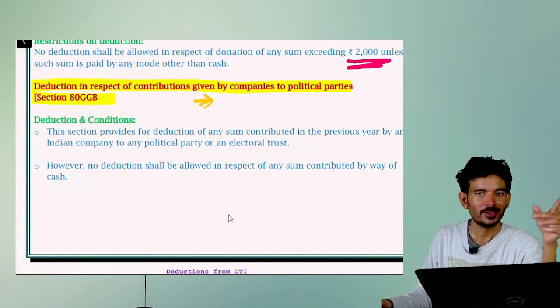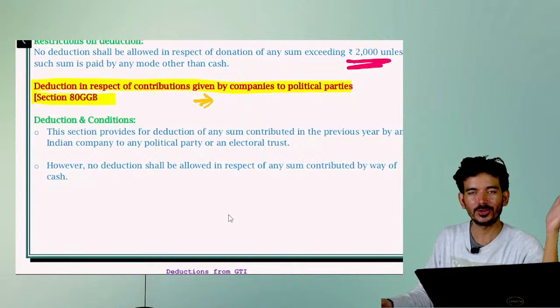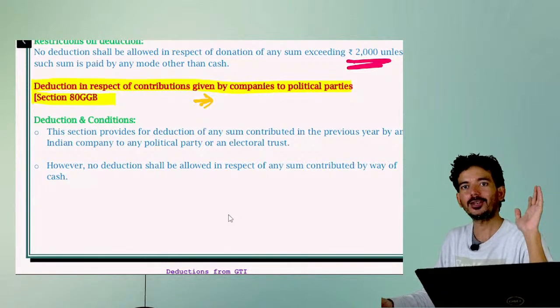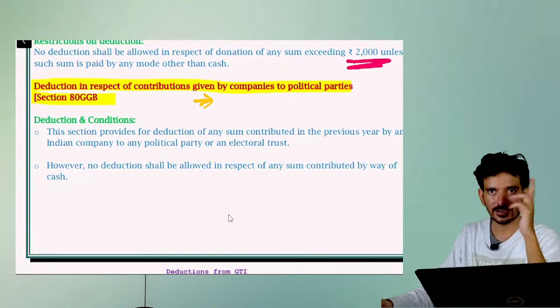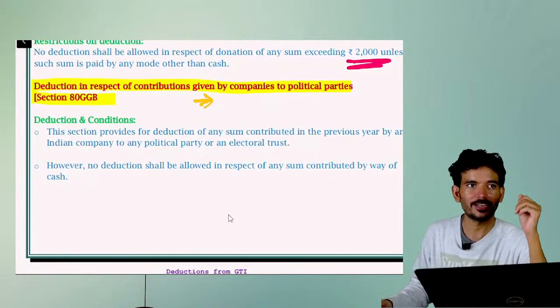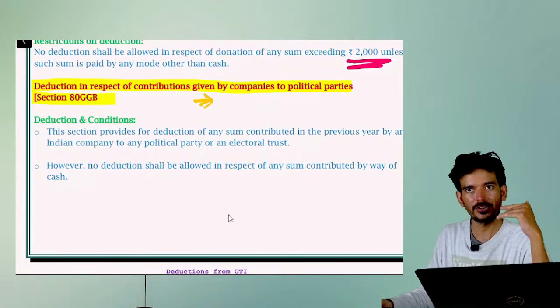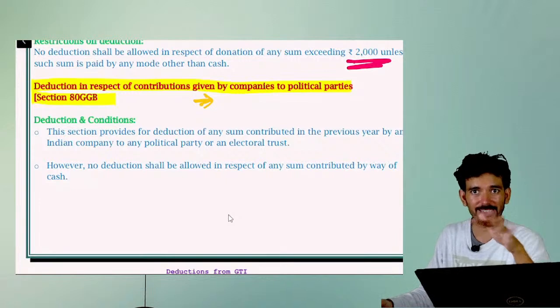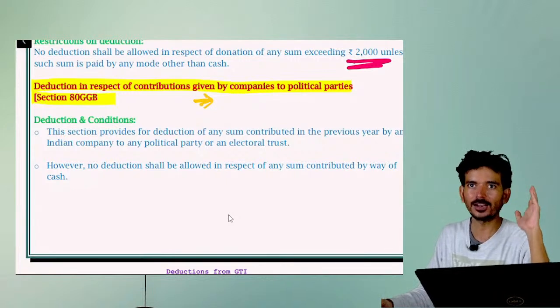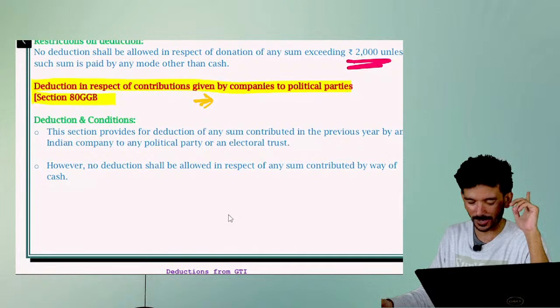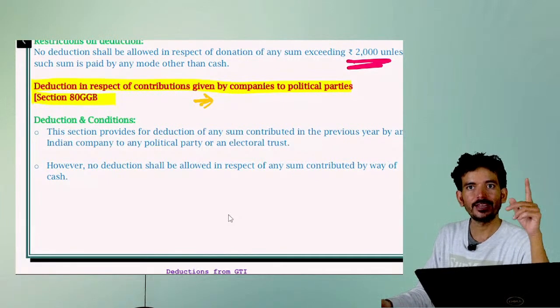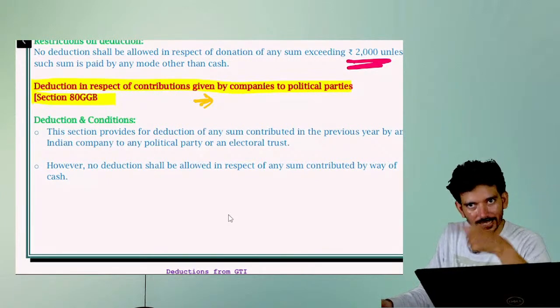If a company is contributing to a political party, it is disallowed. You remember section 37, the general section, where this is disallowed. If it is any violation of law, or if it is for political parties, or CSR contribution, all these are disallowed under section 37(1). Okay, same way there it is disallowed, here it is allowed.